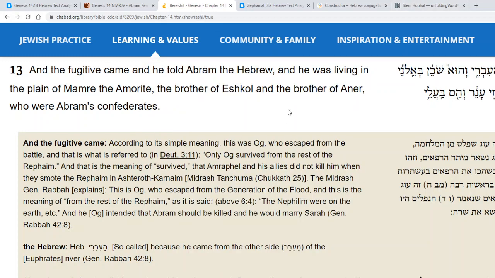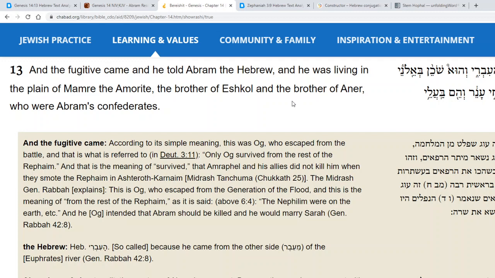Rashi explains that it's talking about it because it is the palit, it is the person who escaped. It's actually talking about Deuteronomy 3:11, where it says Og Nishar, because only Og was the one who got away, so he's saying this is Og.